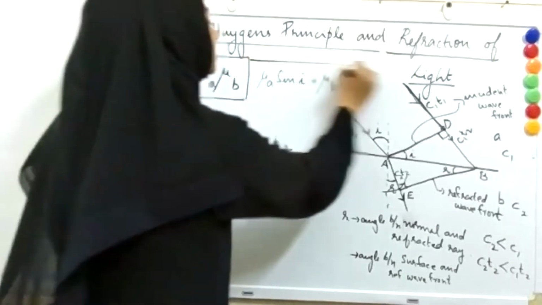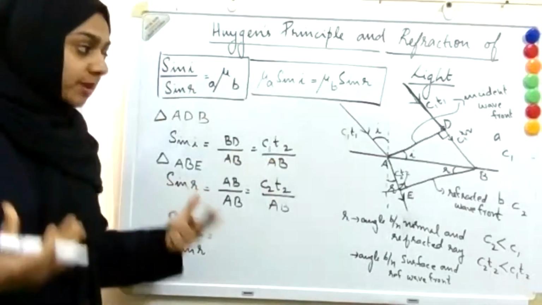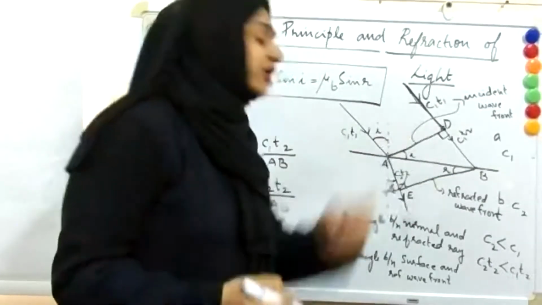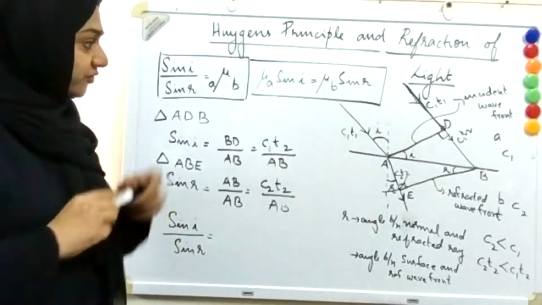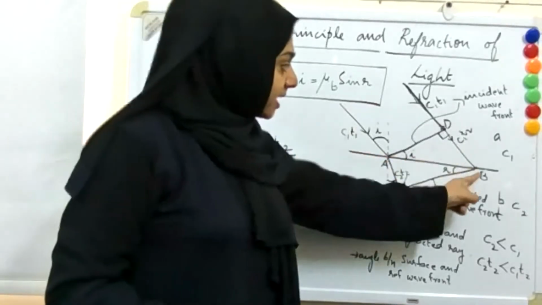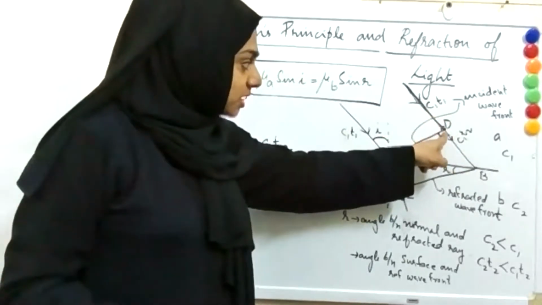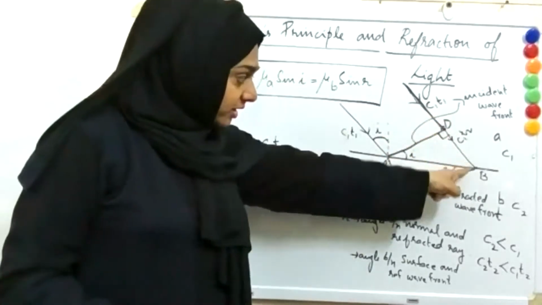So let us find whether we can get to these two equations by using the concept of wavefront. For that, first we consider this triangle ABD. From this triangle, this angle is 90 degrees. So this is a right triangle.